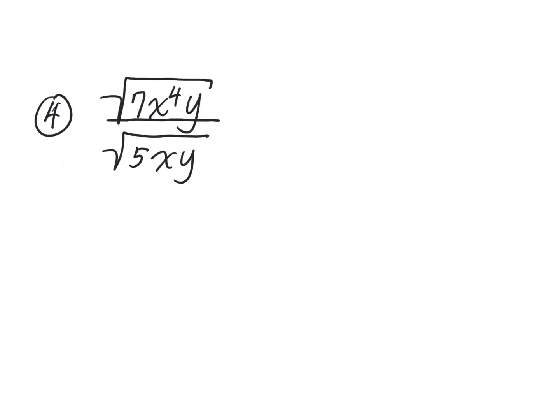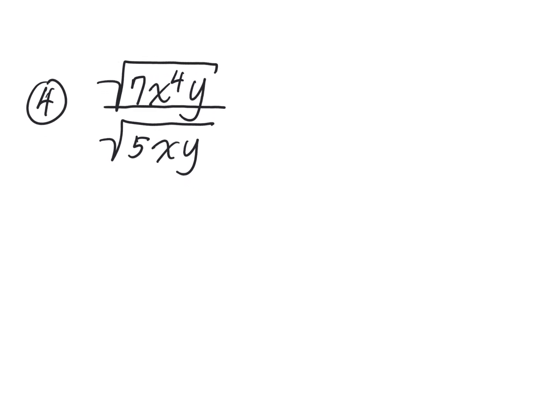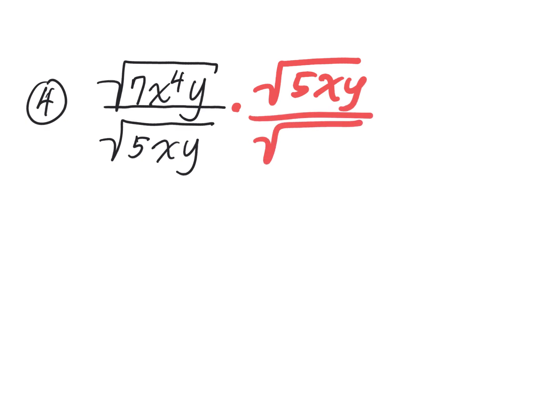Okay, number 4 in here. So let's look at number 4. Okay, let's use the denominator to rationalize it. So square root of 5xy, and then that's going to be square root of 5xy. Okay, let's proceed with the process now.